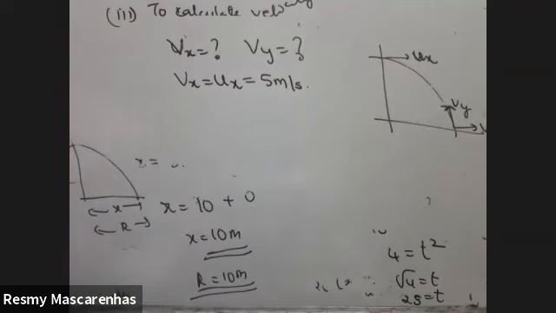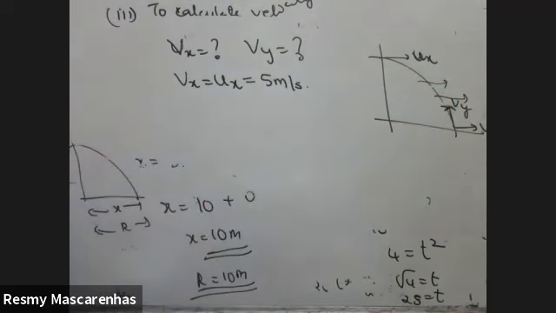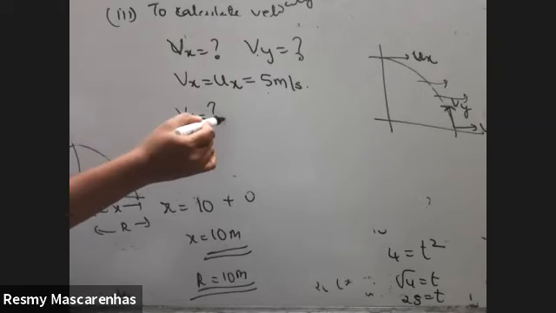So one part is done. For velocity, we have to calculate both the components, x as well as y. So Vx I got same as Ux, because every way you calculate it always remains the same, the horizontal one. Now Vy we have to calculate.